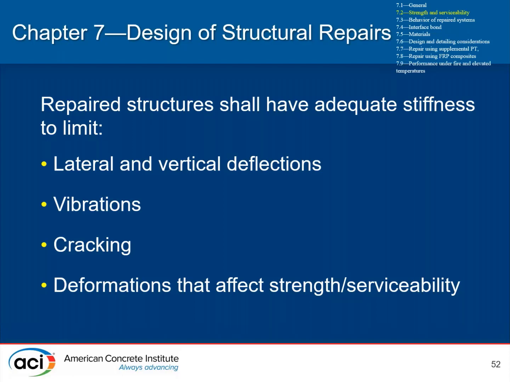Parameters or materials being used have to be able to provide adequate stiffness to limit lateral and vertical deflections, any vibrations that might be detrimental to the structure, cracking, as is a serviceability and potentially a durability issue, and then deformations that may affect the strength and serviceability, either from additional potentially ponding, if these are exterior components, or deformations that might create unbalanced or non-concentric loads on adjacent members.